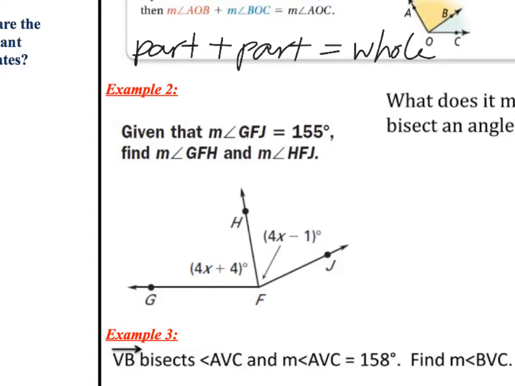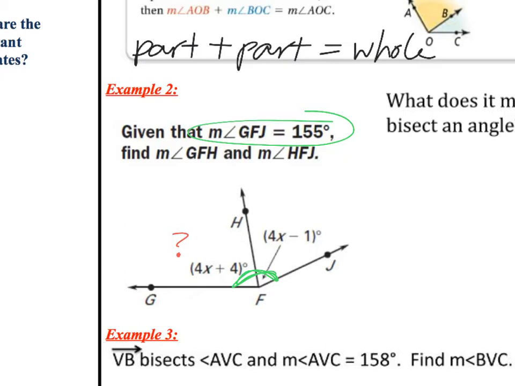Given that measure of angle GFJ is equal to 155, so when we're talking about GFJ, we're talking about this whole thing. Find measure of angle GFH. If it helps you, put a question mark so you remember which one you're finding.